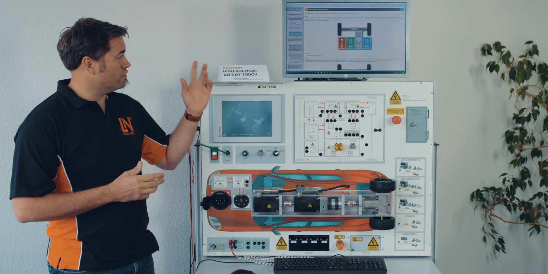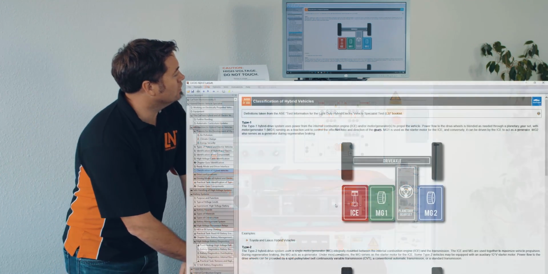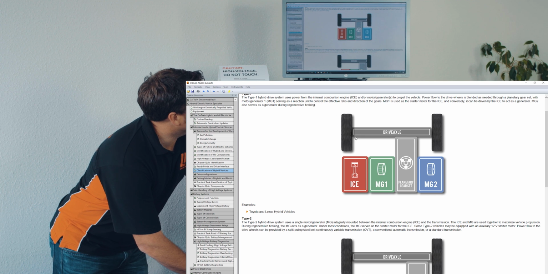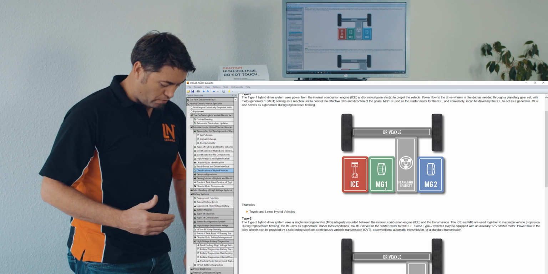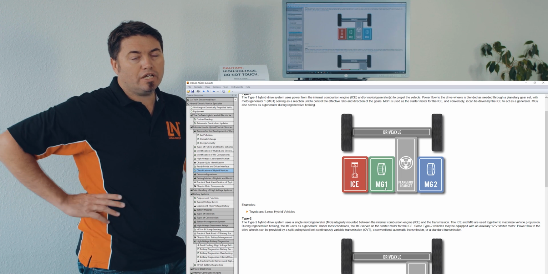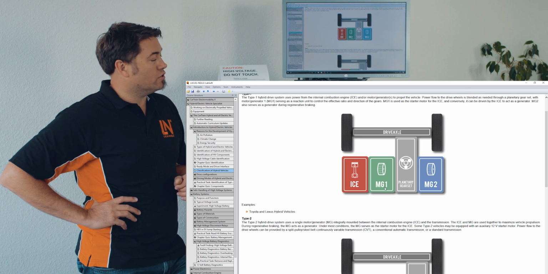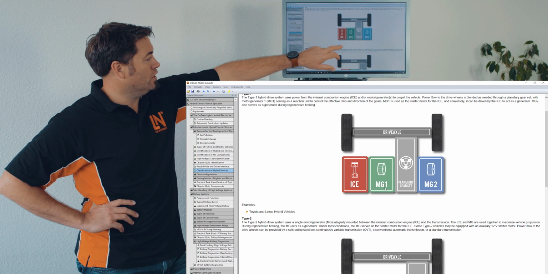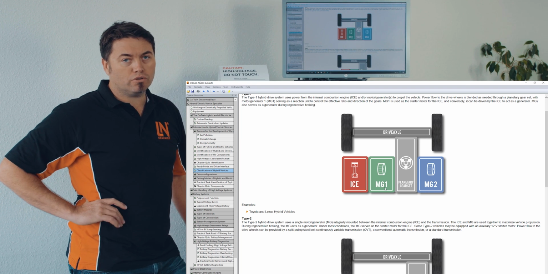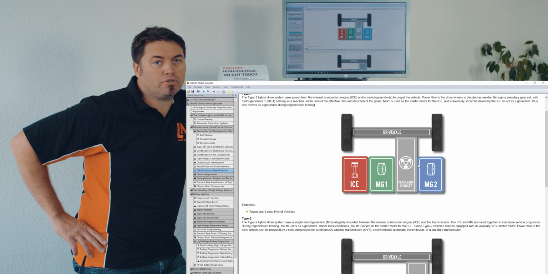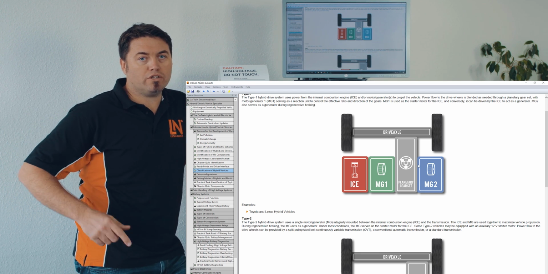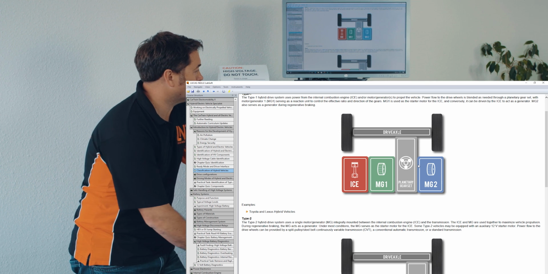So what we call here type 1 is very similar to the Prius. We've got an integrated combustion engine and MG1, which is purely for generation, so it's not used for driving anything. The only time it is used as a driver is as a starter motor for the internal combustion engine, that's all. All of the drive is considered to come through MG2. So MG2 is always operating to drive the vehicle.